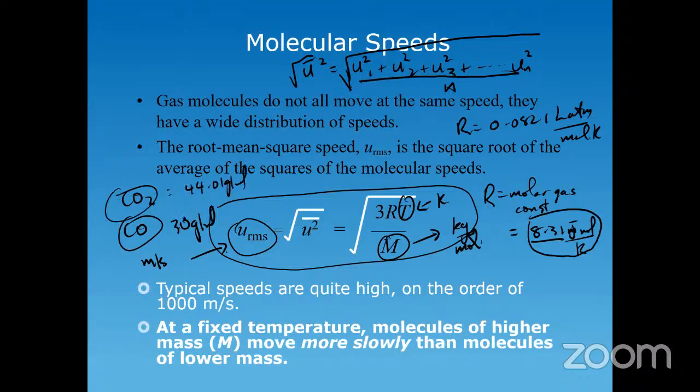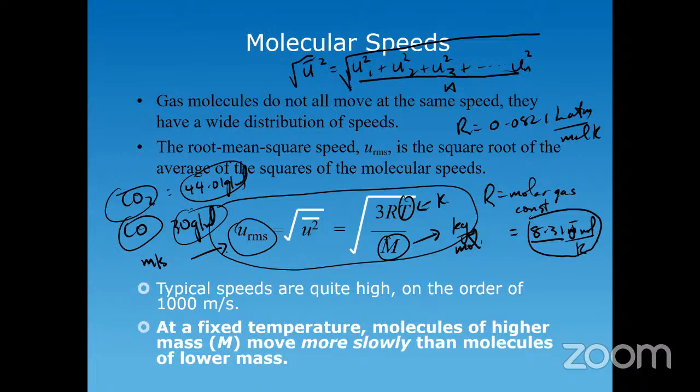So carbon dioxide is heavier compared to carbon monoxide, and therefore you'd expect carbon monoxide to have a greater root mean squared speed. So on average, carbon monoxide travels faster compared to carbon dioxide, provided that the temperatures are the same.